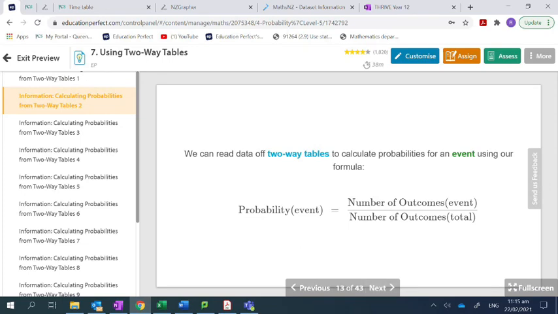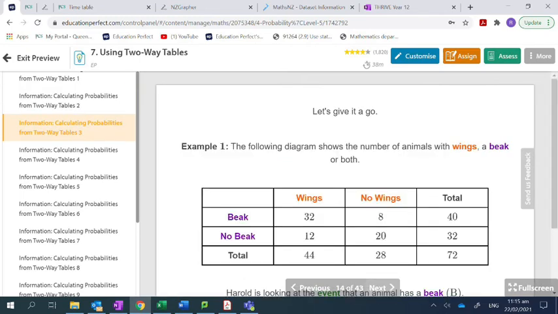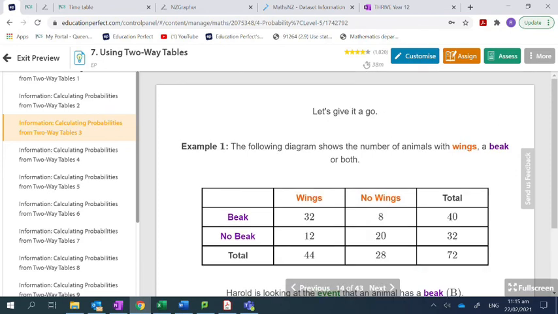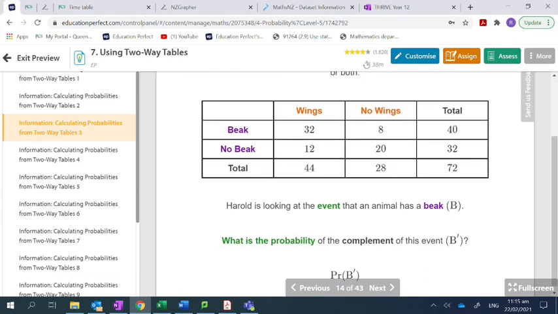Again, just a reminder, the probability is the number of successful outcomes over the total number of outcomes. So here, the following diagram shows the number of animals with wings, a beak, or both. Right? And so you see wings, no wings, beak, no beak, and you've got your totals.